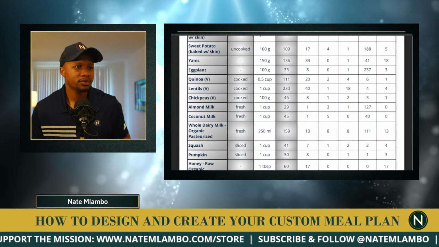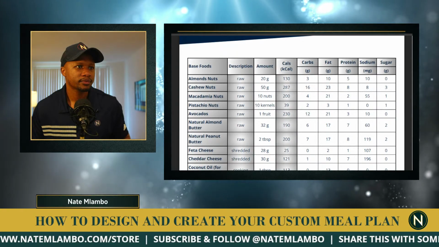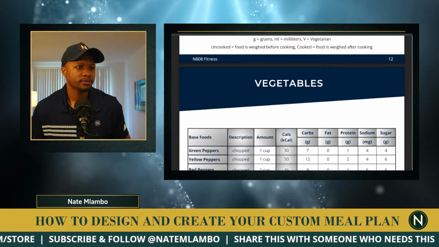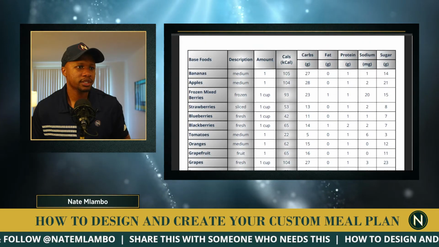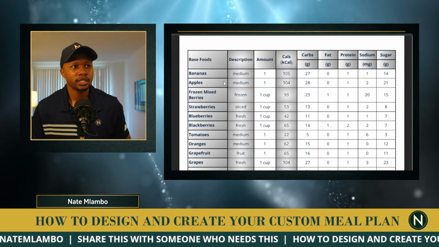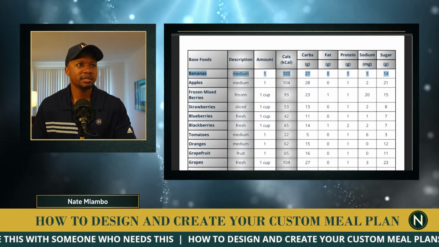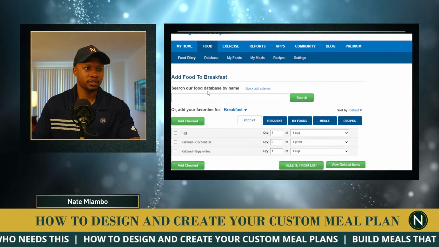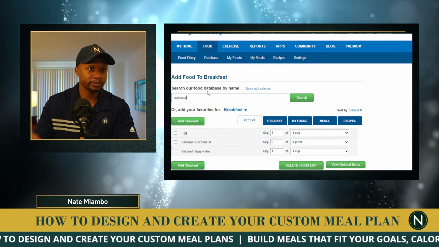Okay, so we can add oatmeal, or you can add fruit. Let's see. Okay, so I'm gonna add a banana, eggs, banana, medium. I'm gonna go oatmeal and banana.